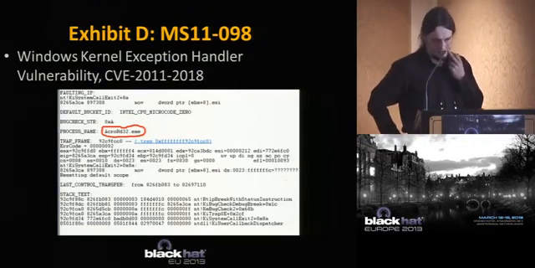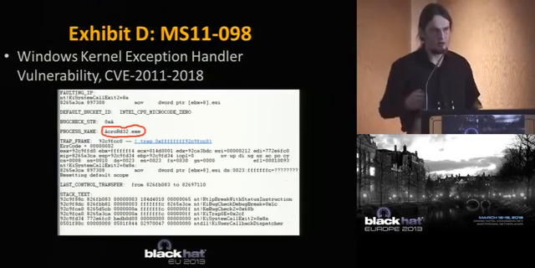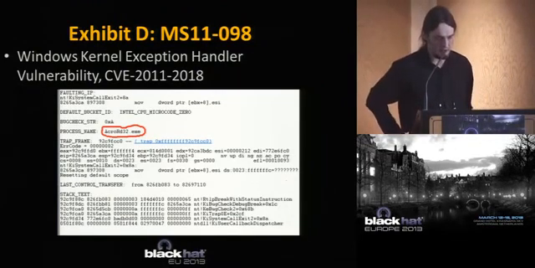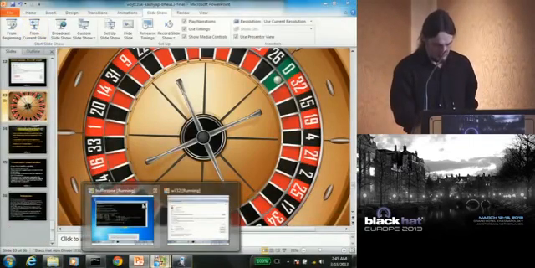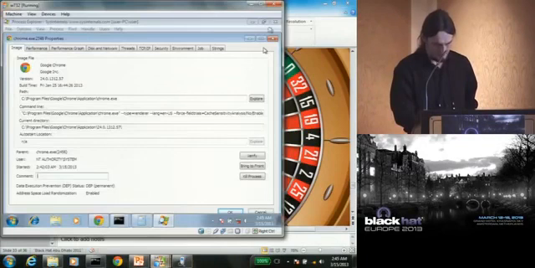It was titled Windows Kernel Exception Handler Vulnerability, which frankly doesn't make sense. Again, the vulnerability is in the core of the operating system. This time it was related to handling local descriptor table entries. So this will be the final example.